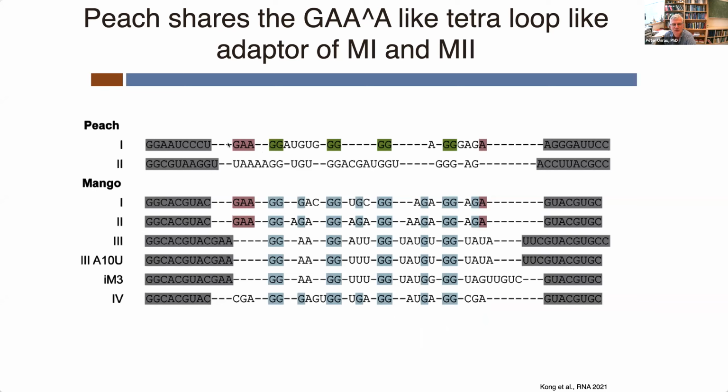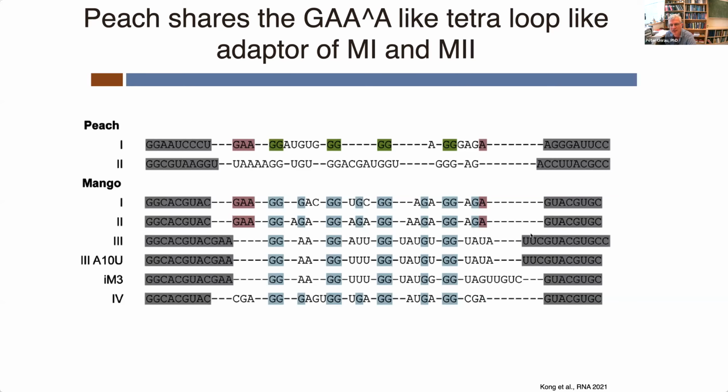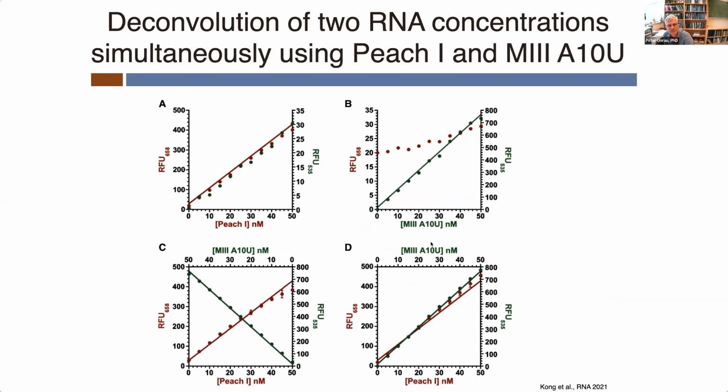We haven't got the crystal structures yet, but it looks very much like Mango 1 and Mango 2, which have a tetraloop-like adapter on it. But it binds a very similar fluorophore, but with a completely different color than the Mango 1, 2 and 3 systems.